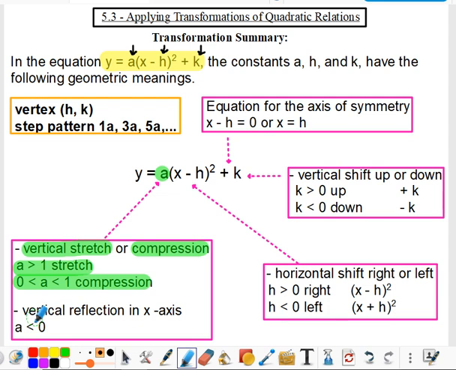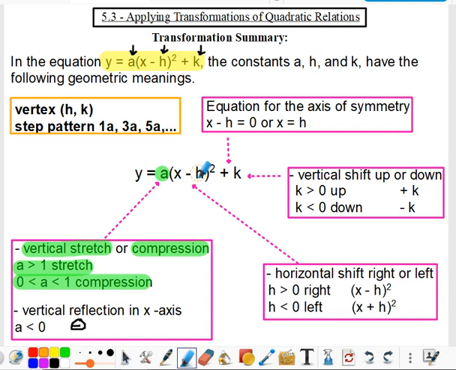Now, a indicates a reflection in the x-axis if it is negative. So when you see a negative there, that's its own little thing. It's a reflection in the x-axis because we're always comparing everything to y equals x squared, and y equals x squared is already facing up. So the moment that a value turns negative, we say, oh, it's now facing down, which in terms of transformations, that's just a reflection.